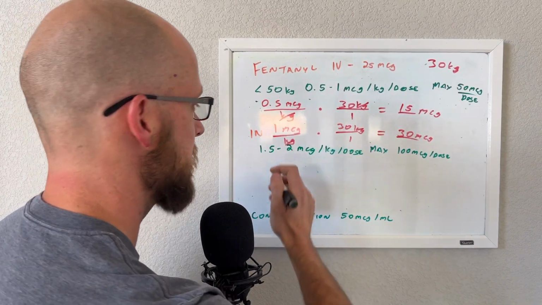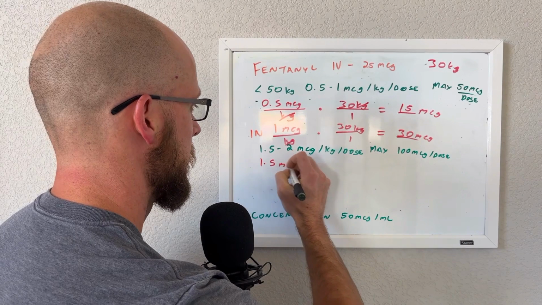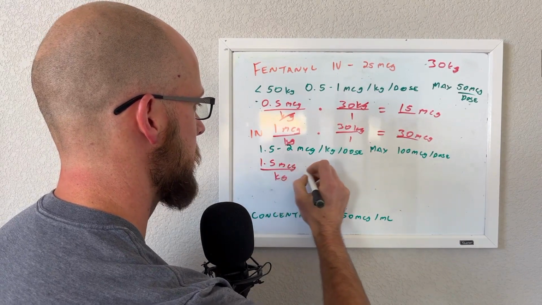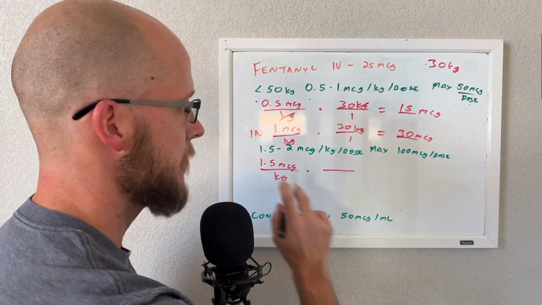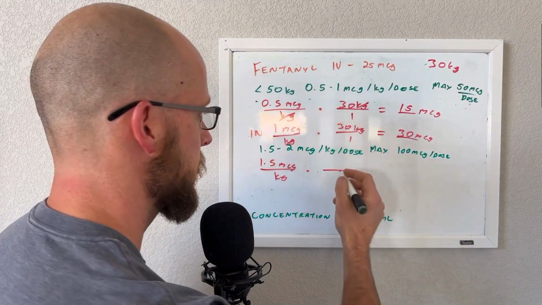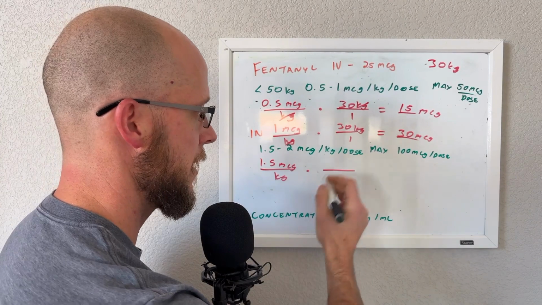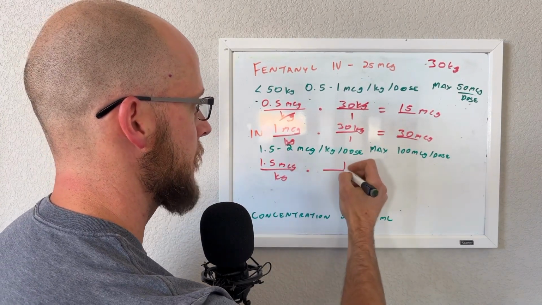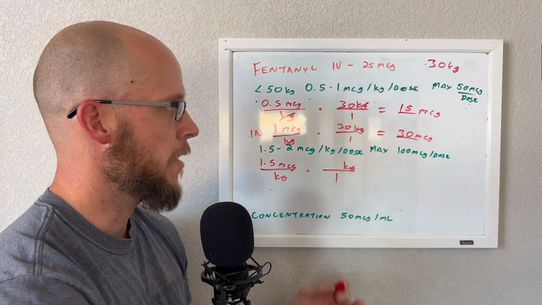Okay, so it's going to be the exact same setup like up here. So you're going to have 1.5 micrograms per kilogram times, what do we need to get rid of? The kilograms. Yep. So kilograms, how do you get rid of it? We need to cancel it out. We need it on the opposite side, diagonal from that. So we're going to have kilograms over here, and then we're just going to have 1 there.